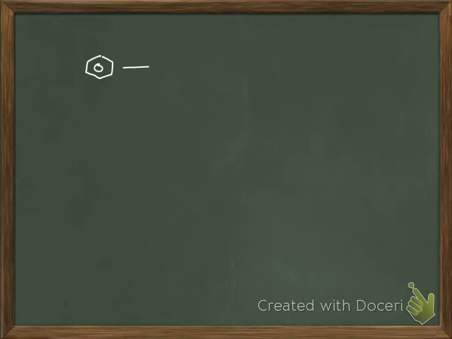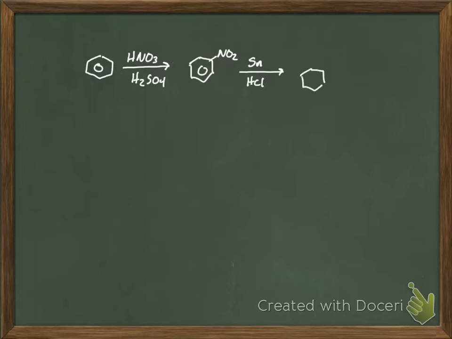Starting with benzene, we go to nitrobenzene. Using nitric and sulfuric acids, you get nitrobenzene. Reduce it with tin and HCl. You get the amine, in this case, the aniline.